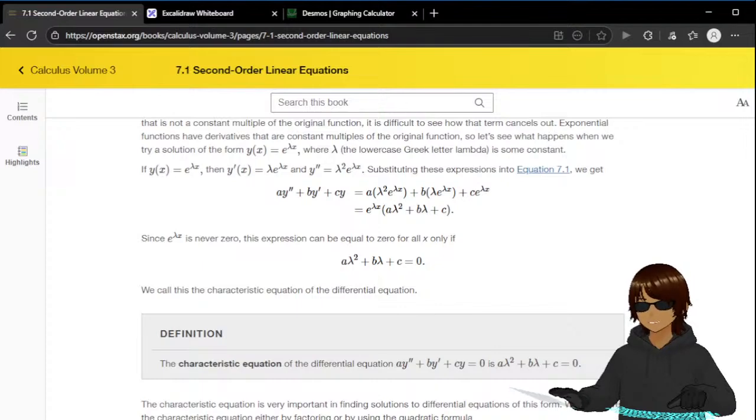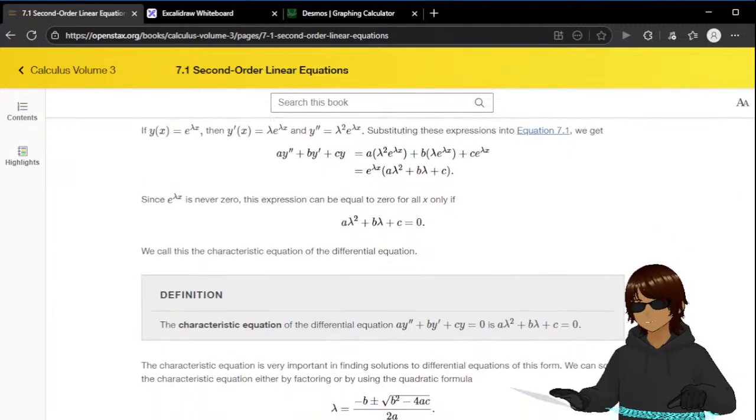We can call this the characteristic equation of the differential equation. The characteristic equation of the differential equation, this is this, but now we are tasked with finding this, right?